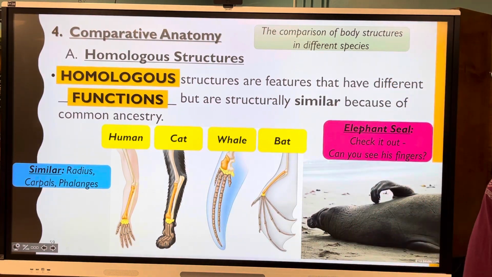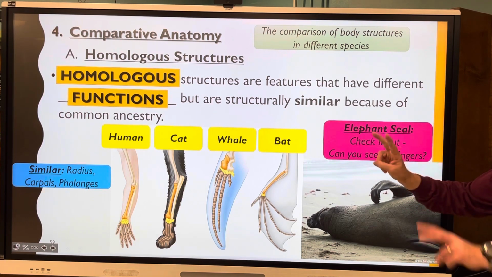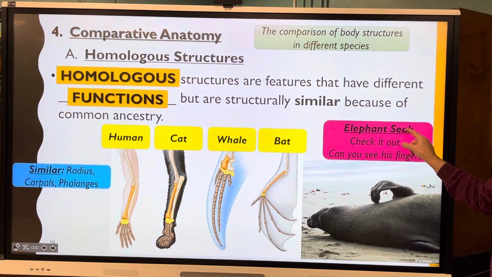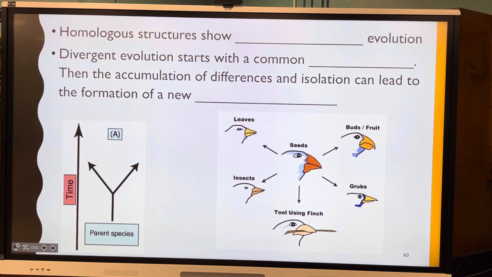All mammals. And you can see the fingers, a term that should be used loosely, in an elephant seal, but it's a flipper. Common ancestry. So homologous structures show divergent evolution.